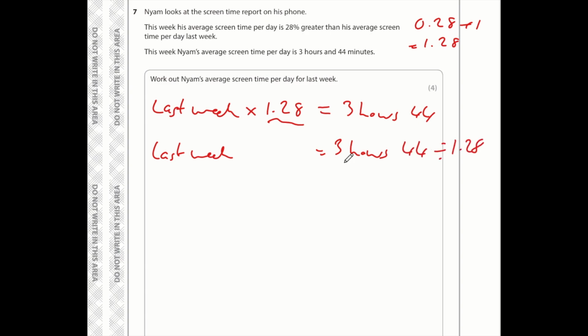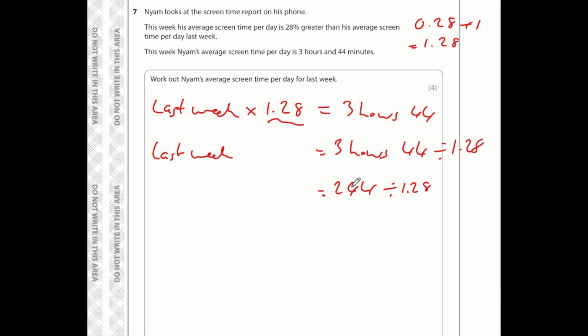So what I'm going to do here is turn 3 hours 44 into minutes. So 3 hours is 60, 120, 180, 180 plus 44 is 224 minutes. And I'm going to divide that by 1.28. Sorry, it's not 244, it's 224.